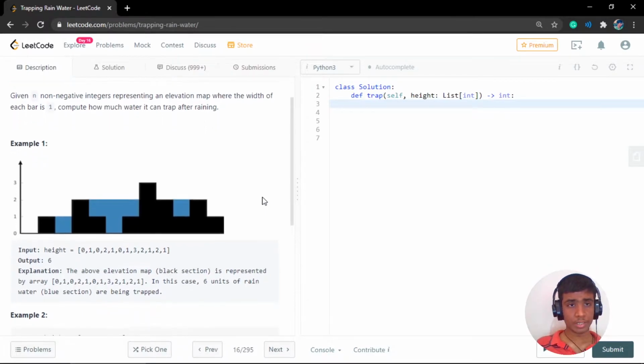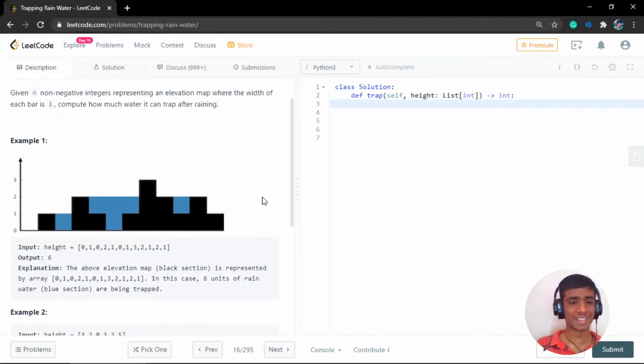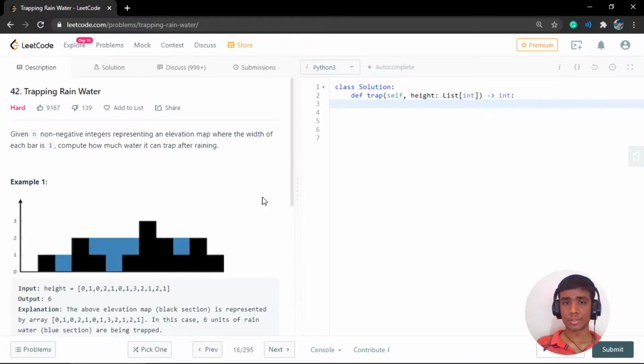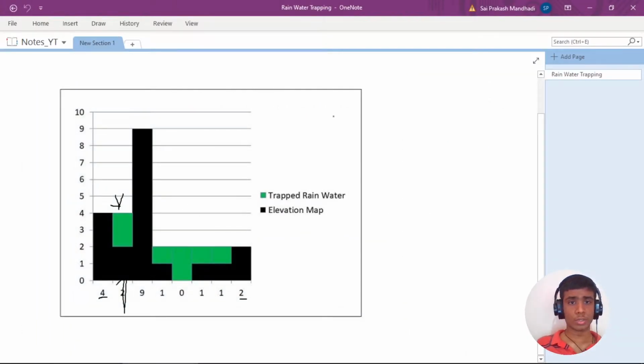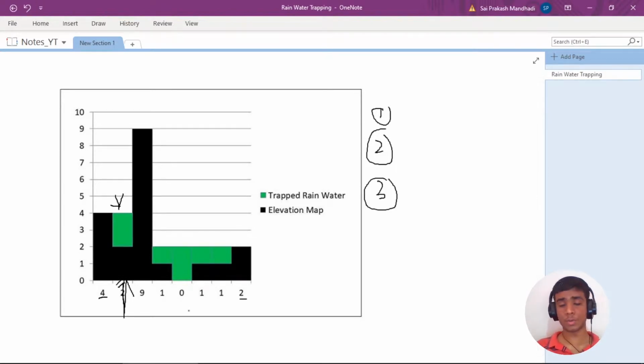So the problem statement is easy to understand, but solving might be tricky. So first of all, there are three things to remember here. If you can nail these three things, then it is very easy to solve this problem. So what are the three things? At a given index, in our case, the index is 1, at any given index, water can be trapped only between its highest elevations on the left and right, right? It's simple common sense.